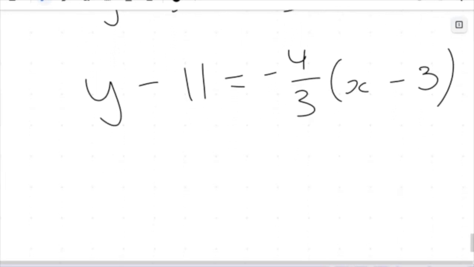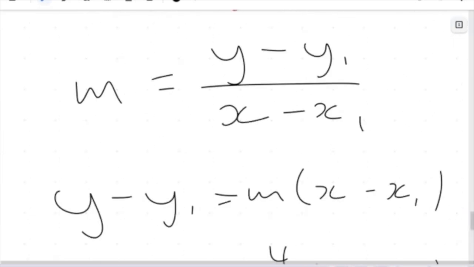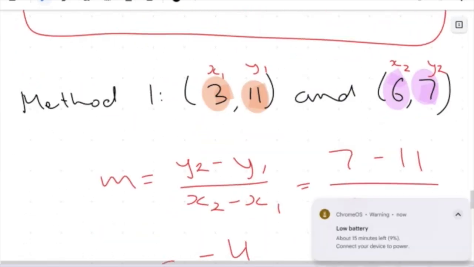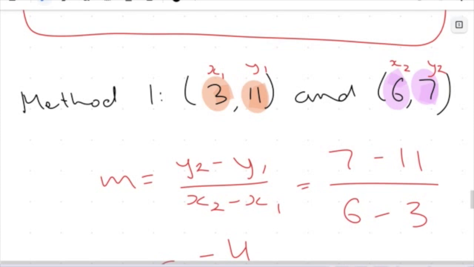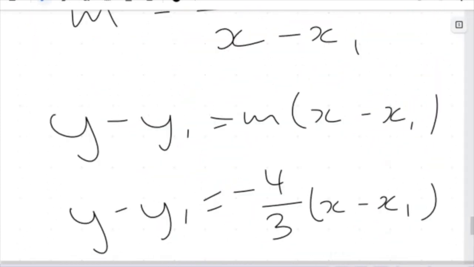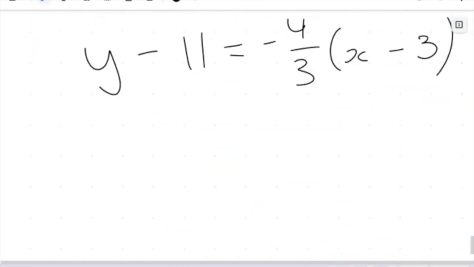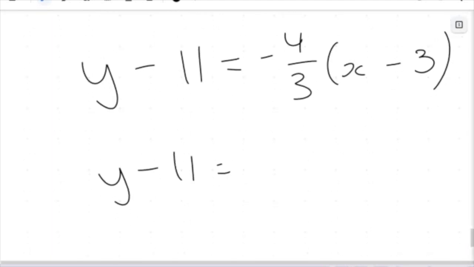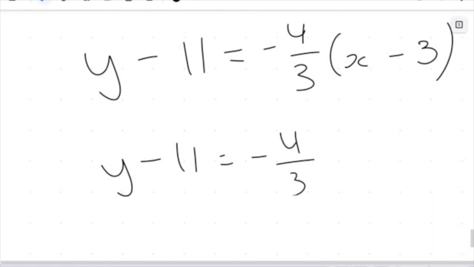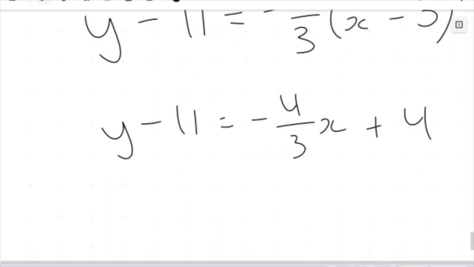Okay, and now I just want to come up with an expression for this equation here. Let me just check if I've done the right points, 3 and 11. So I'm going to get y minus 11 equals, expanding these brackets here, minus 4 on 3x, and minus 4 on 3 times minus 3 is going to give me 4.